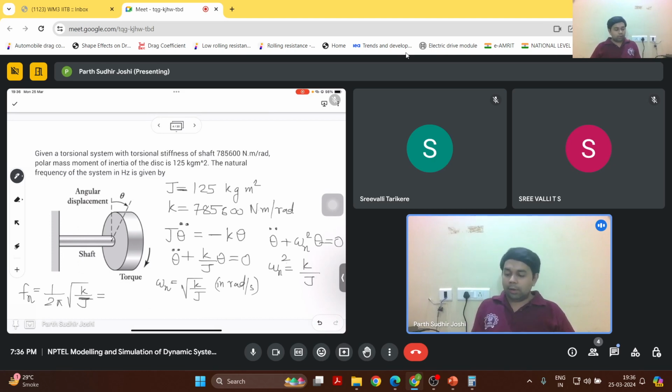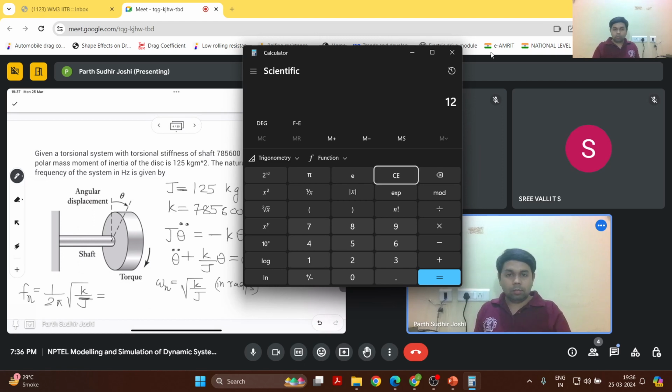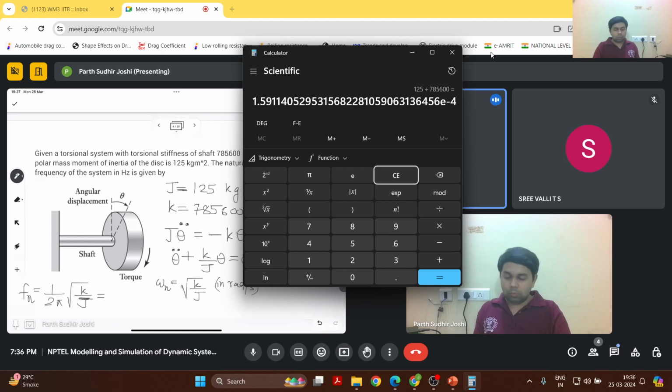So can you try to calculate now what is the frequency with this? 12.62 hertz.